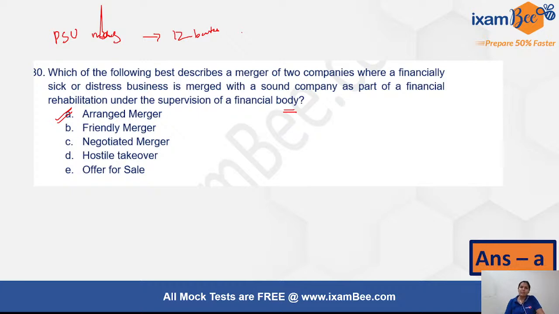The opposite of that is a hostile takeover. A negotiated merger is again when both parties want to merge, but before merging they come to a common ground on how they can benefit each other.